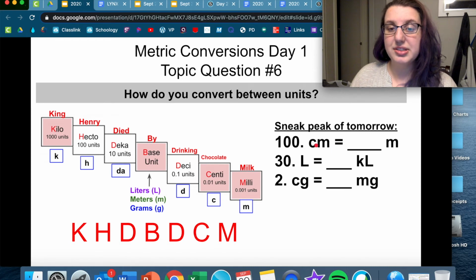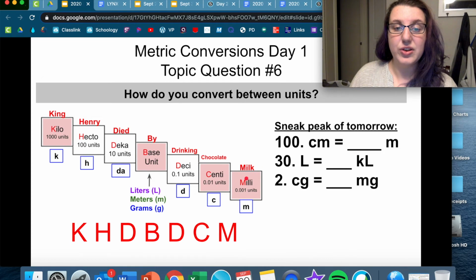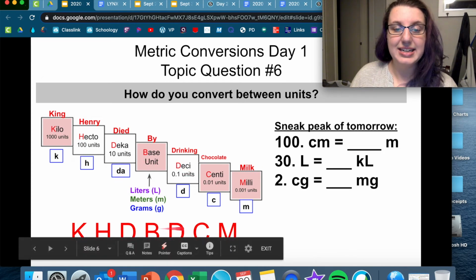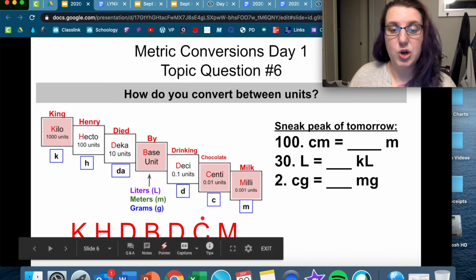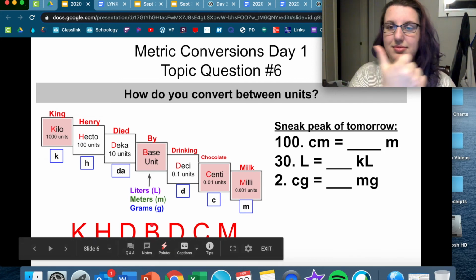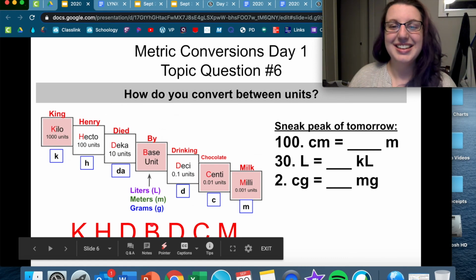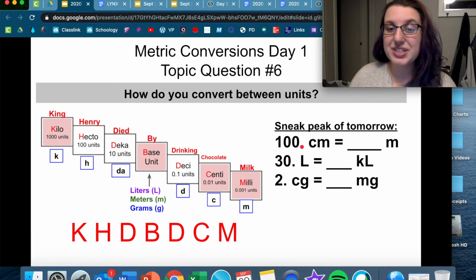So going from 100 centimeters to how many meters? When you're looking at this ladder or steps, or at the abbreviations here, start at C and see what happens when we try to get to our base unit, meters. I have to go over 1, 2, to the left. That's how many spaces I'm going to move this decimal point. Knowing this decimal point is going to be super important.